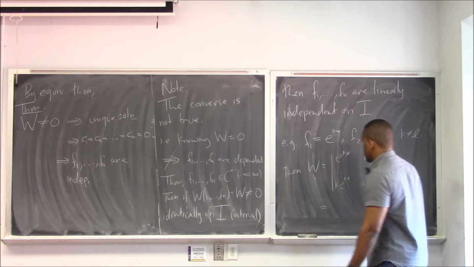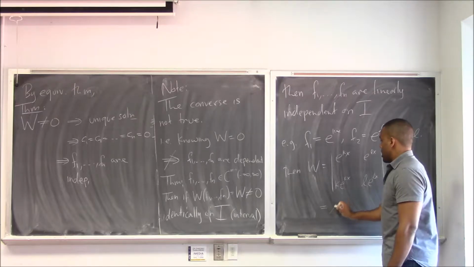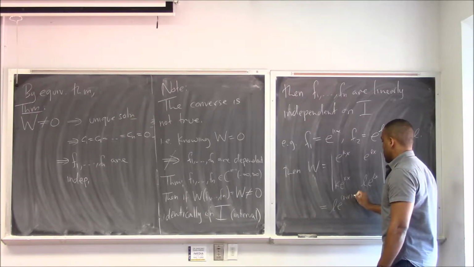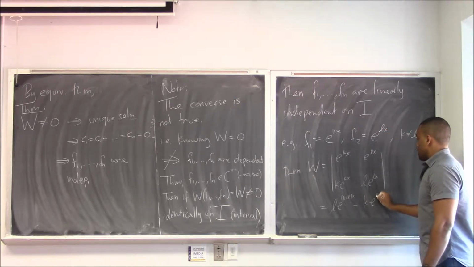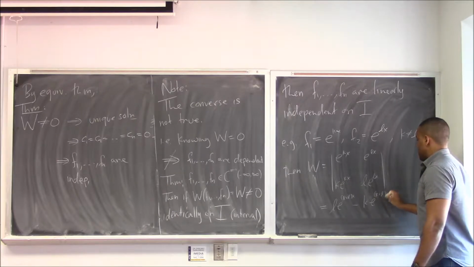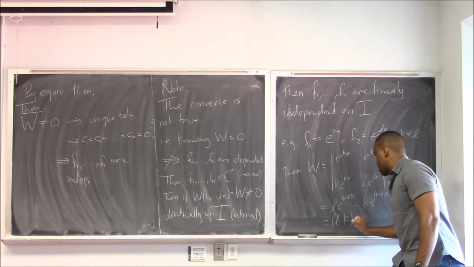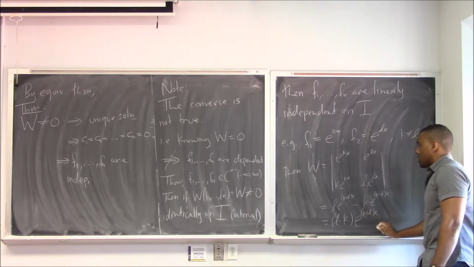If I find that determinant, it's a 2 by 2, I would have l e to the (k plus l) times x minus k e to the (k plus l) times x. This would be (l minus k) e to the (k plus l) times x, right?